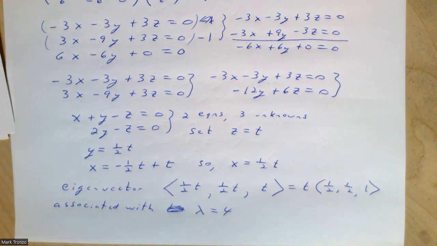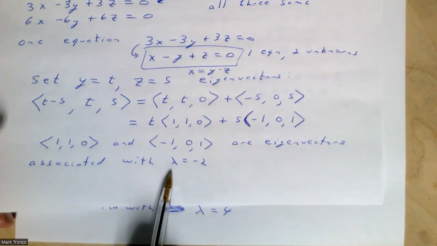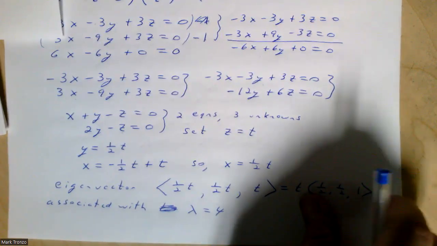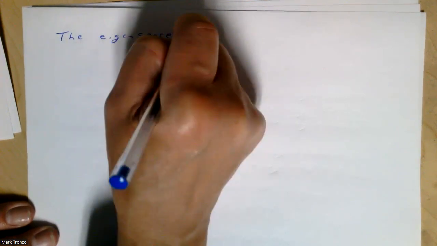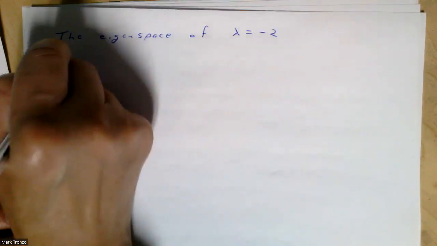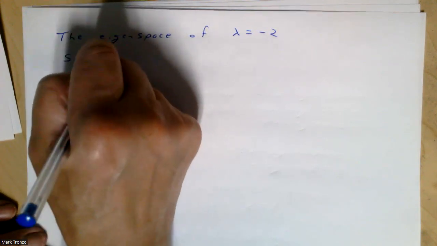And also going back to the eigenspace deal. Again, for the previous one, we had lambda equal to minus 2, and we had these vectors. So the eigenspace of lambda equal minus 2 is going to be the span of its eigenvectors.